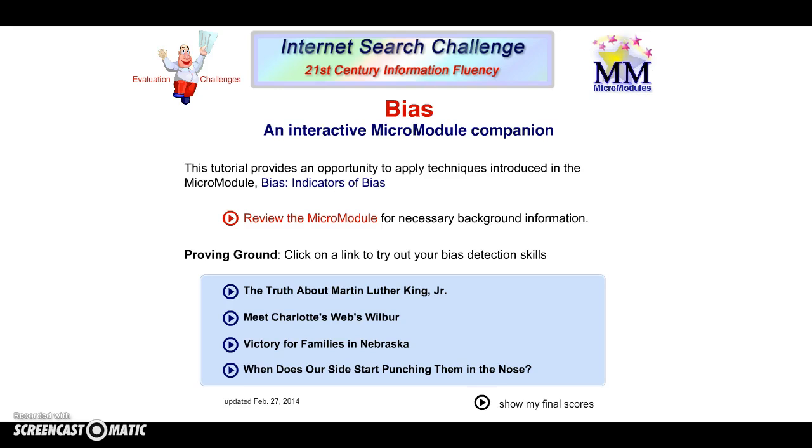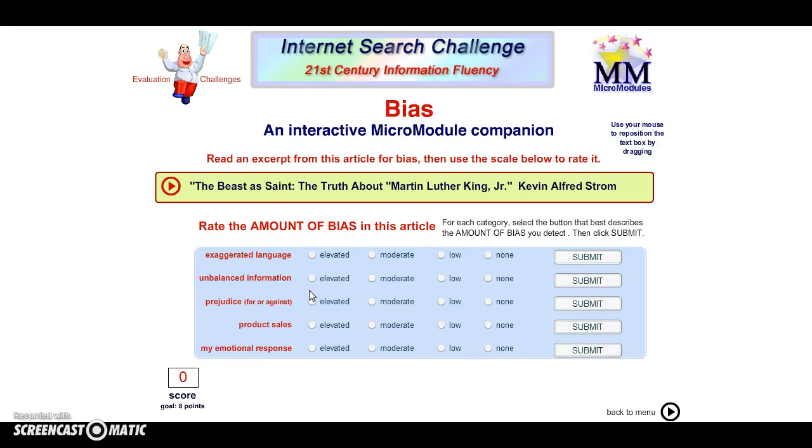Today we're going to practice our ability to identify bias in a source. We will be identifying bias from an excerpt of an article called "The Beast as Saint: The Truth About Martin Luther King Jr." by Kevin Alfred Strom.